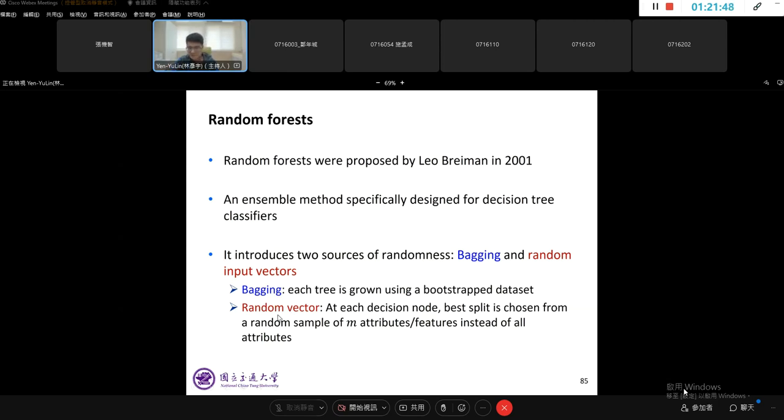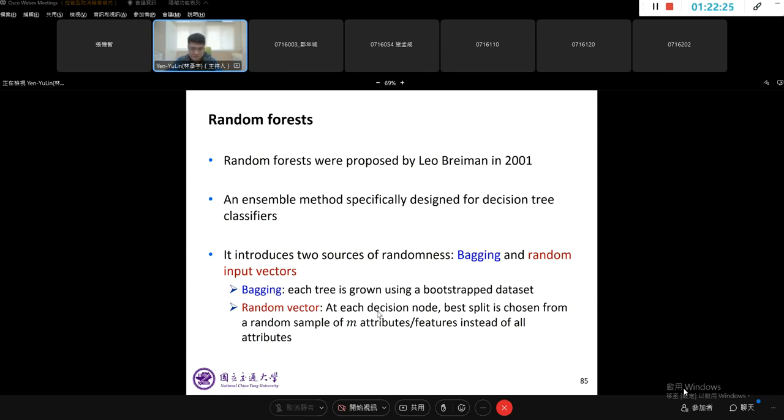Please recall that in a decision tree, a decision node is associated with a decision function. This decision function selects some particular split. We select the best split, the one with maximum information gain or other criteria such as Gini index. We search all possible split candidates. So this is what we do for decision tree.